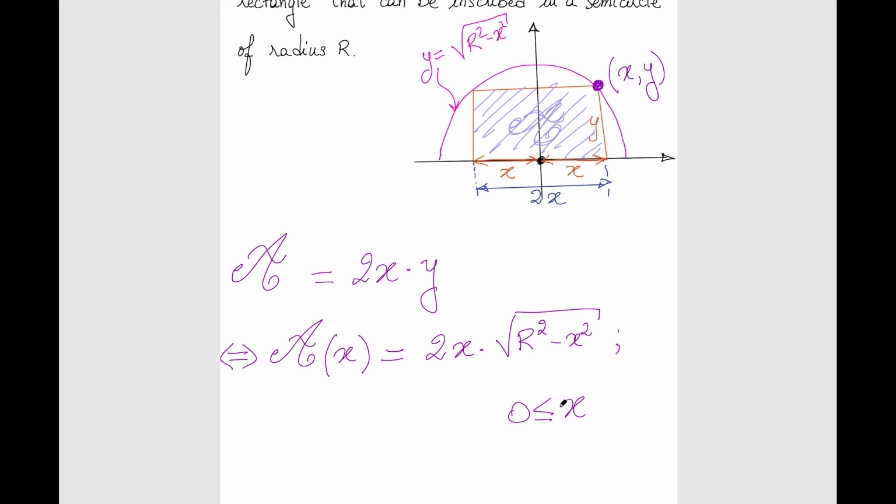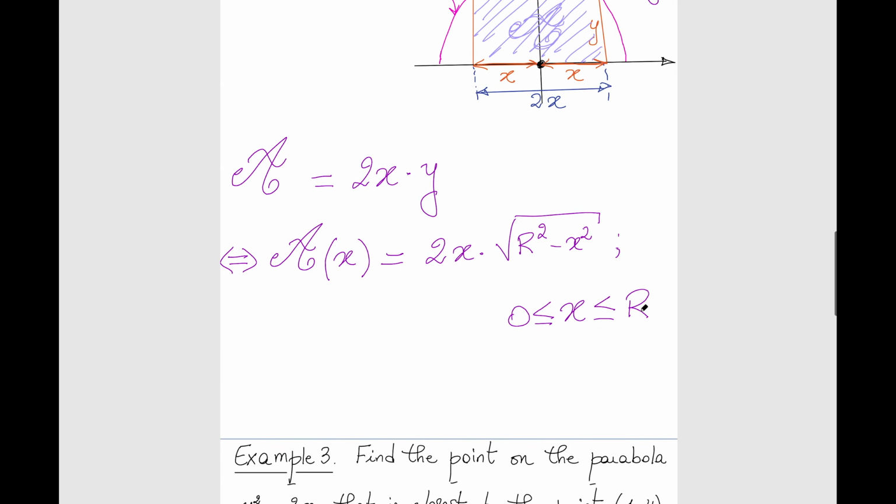And since x cannot drop below 0, the largest it can reach is r. So I want to maximize calligraphic A given that x is bounded below by 0 and above by r.